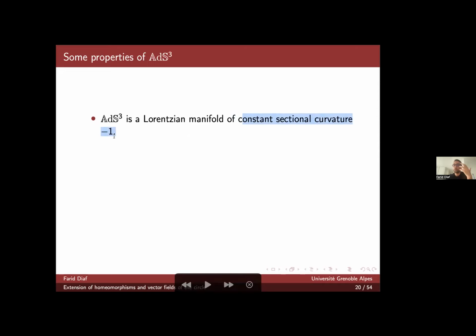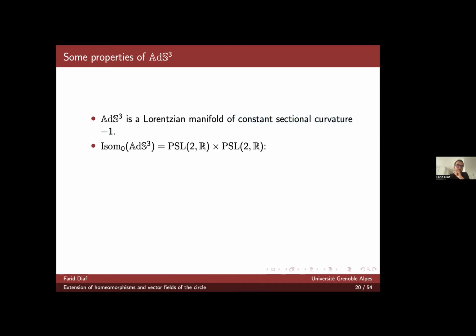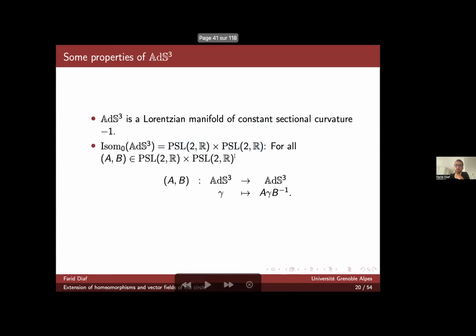So this is the analog, let's say, of hyperbolic geometry in the Lorentzian world. The isometry group of ADS3, the identity component, let's say, is PSL2R cross PSL2R. So how does such an element act on ADS3? You take A, B. Each (A,B) induces a transformation on anti-de Sitter space, which is just conjugation by A and by B^-1.